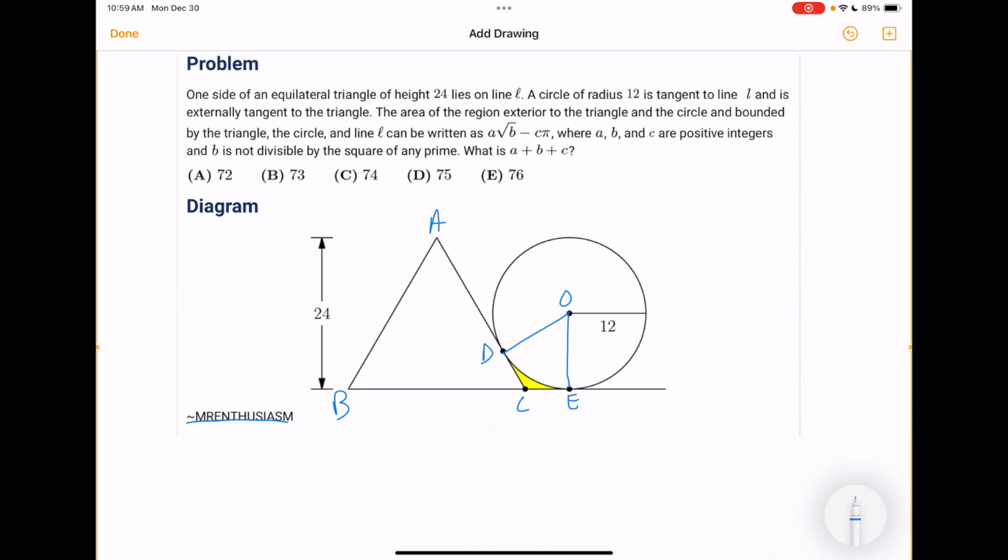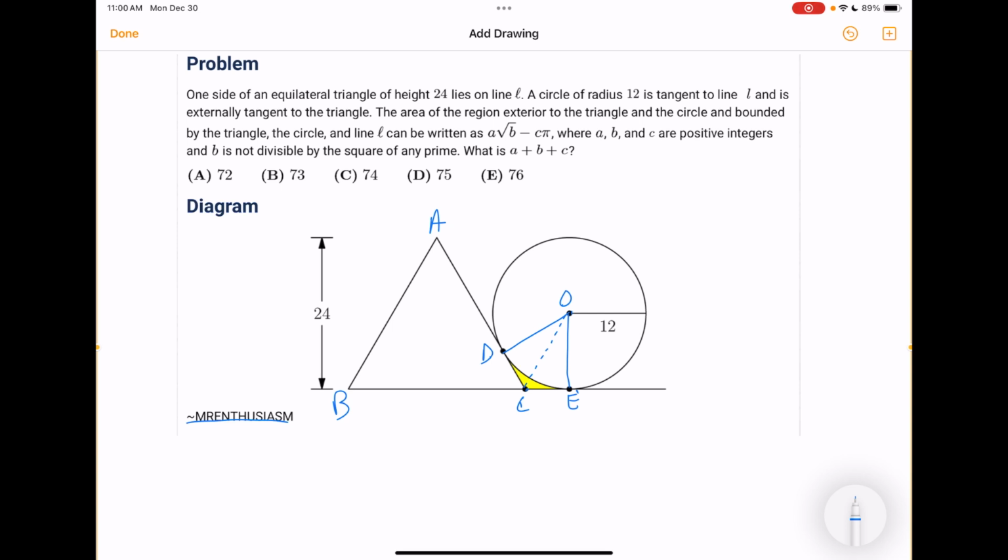My thought process is I'm going to split this in half, connecting it with C. Now we have two triangles, ODC and OCE. If we find the combined area of these two triangles, we can subtract the area of the arc to get the remaining shaded yellow region.